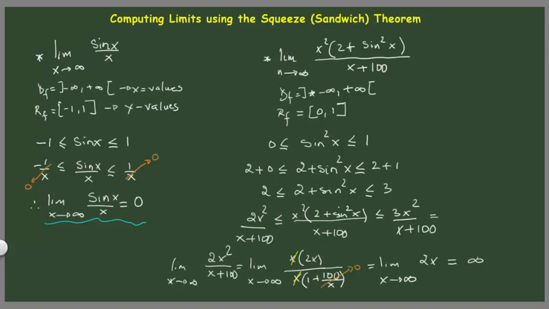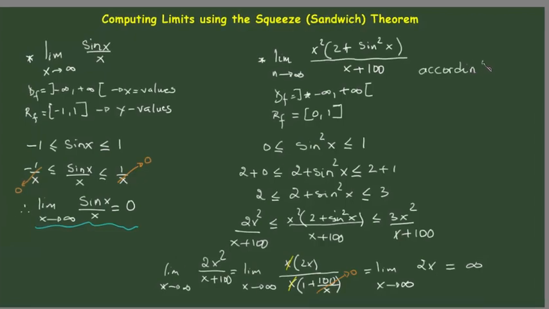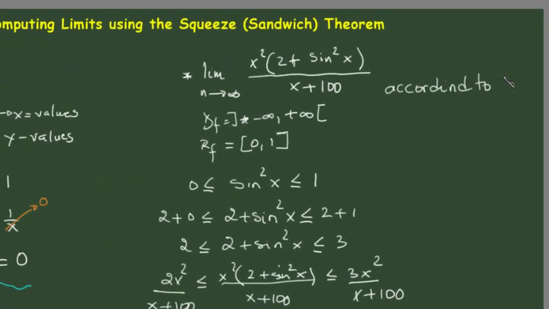So we will say that according to the squeeze theorem, ST, right? According to the ST, the limit when x approaches infinity of 3x to the power 2 over x plus 100 is also infinity, right? That's what we have.